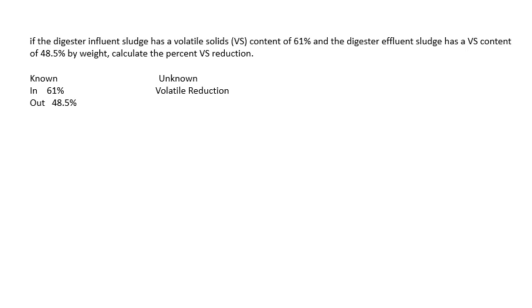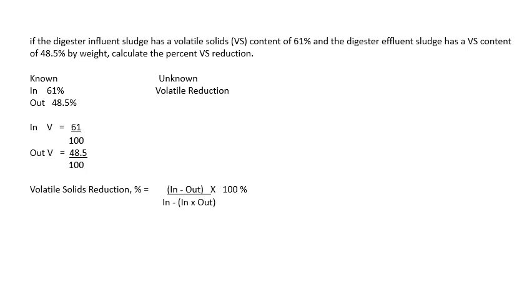And what we're looking for is the volatile solids reduction percentage. You still have to convert your 61% and your 48.5% into decimals, so divide each of them by 100. That's going to give you 0.61 and 0.485.